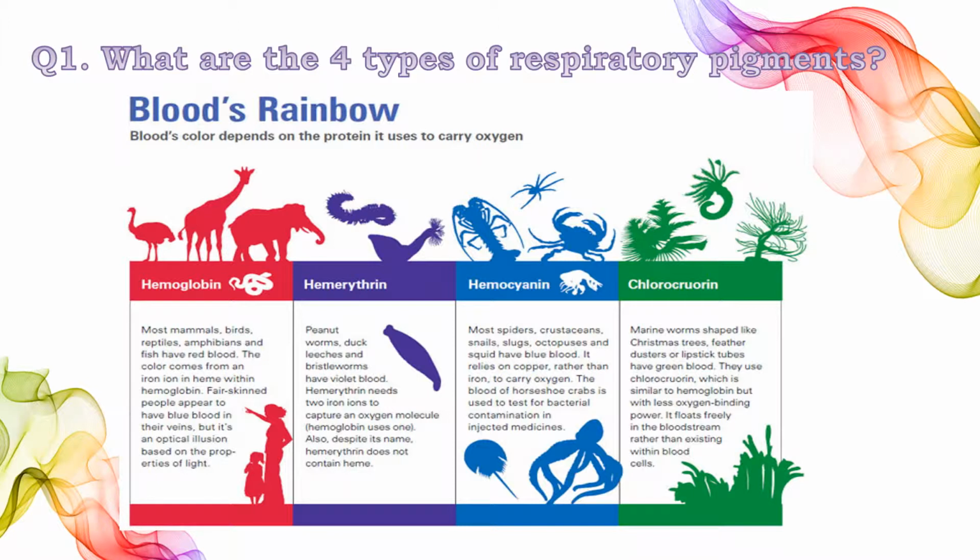The second respiratory pigment is hemerythrin. This hemerythrin appears in peanut worms, leeches, and also brittle worms. This hemerythrin gives purple blood color. Hemocyanin appears in spiders, crustaceans, snails, and also octopuses. This causes blue blood color. Last but not least, there is a respiratory pigment known as chlorocruorin that is in the Christmas tree worm, and this respiratory pigment causes green blood color.